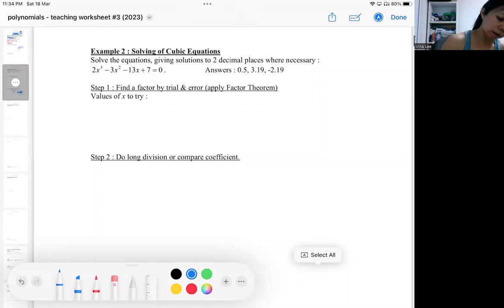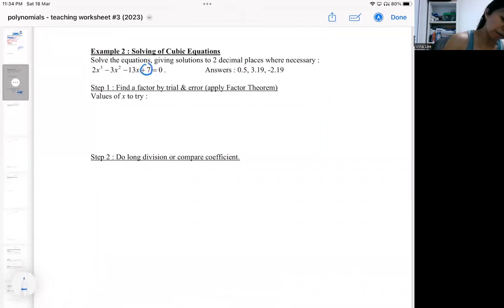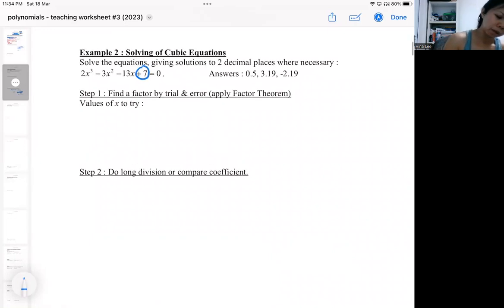As mentioned in example 1, you will use the last number to try the factor. The last number here is 1 times 7. So the x that you will be trying will be x equal to 1, minus 1, 7, and minus 7. You try these four numbers on f(x).